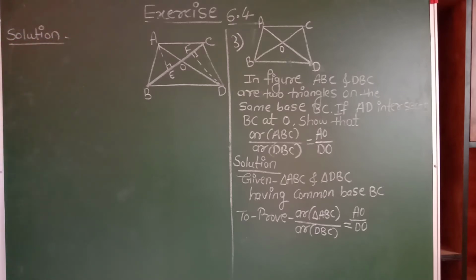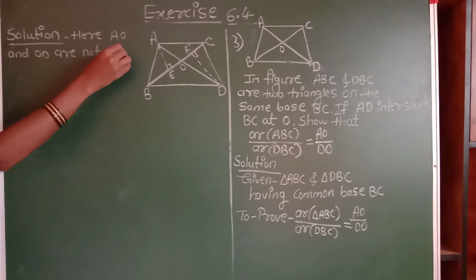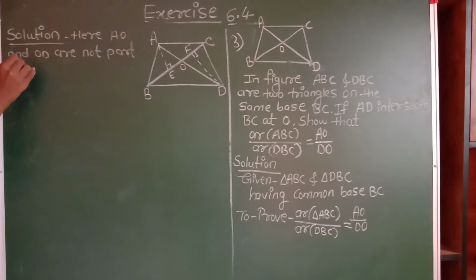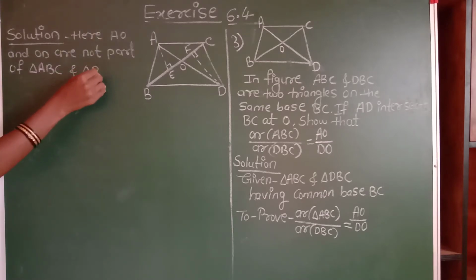Here AO and OD are not part of triangle ABC and triangle DBC.